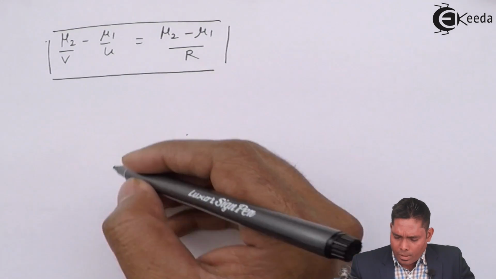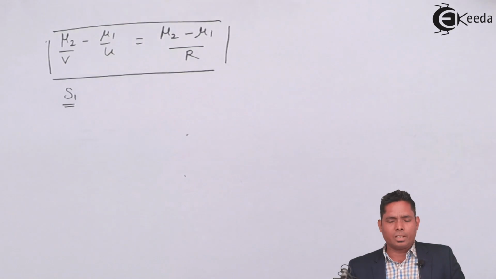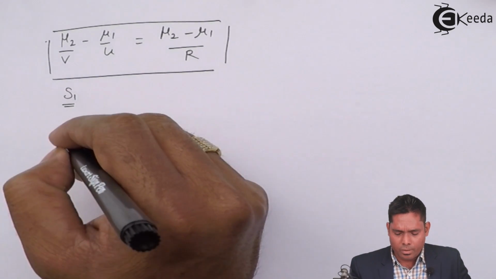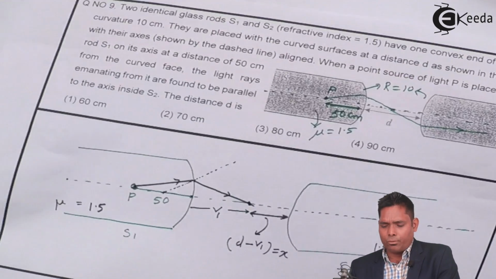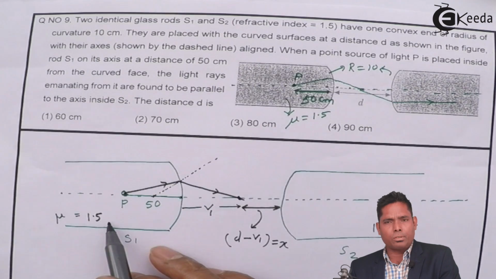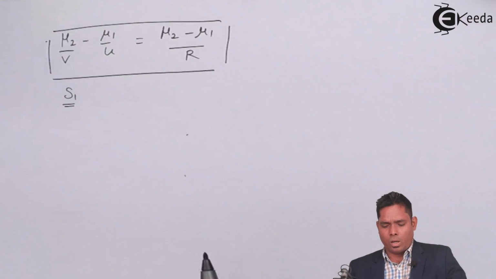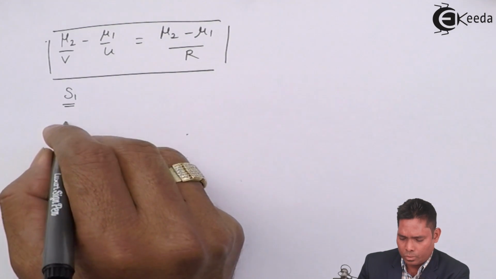I will apply this formula for glass rod S1, which is cylindrical. For this one, the ray is traveling from glass to air. So air is the second medium and this is the first medium. Our formula is to write the second medium surface here.